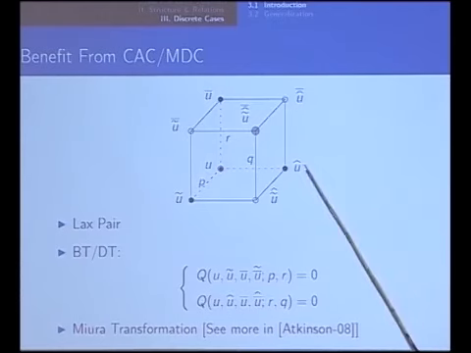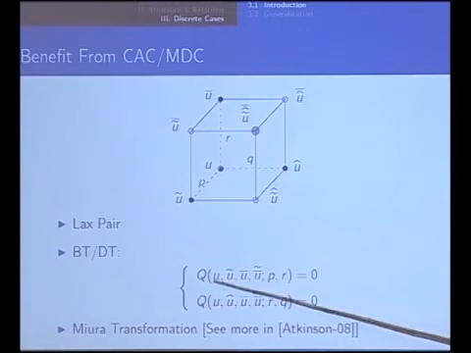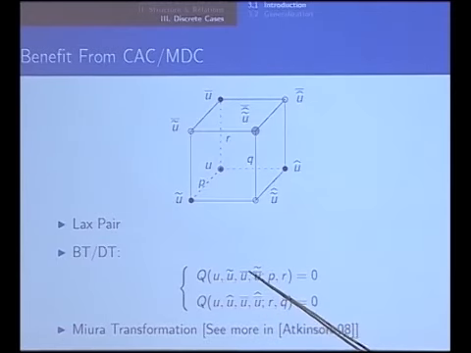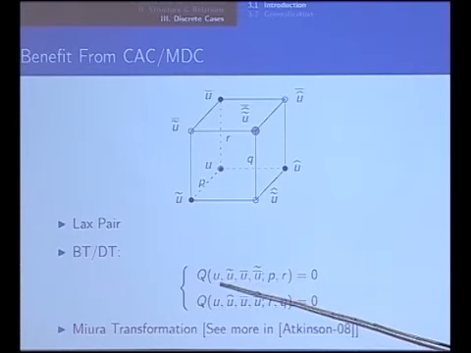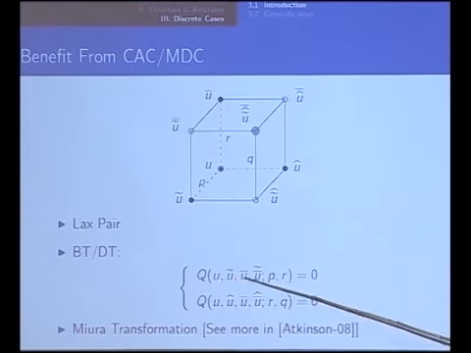So once we have a lattice equation which is multidimensionally consistent, or under the more strict condition CAC, we can get a Lax pair, and we can also get a Bäcklund or Darboux transformation.